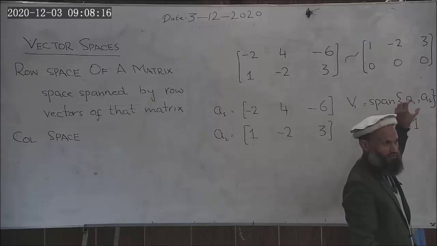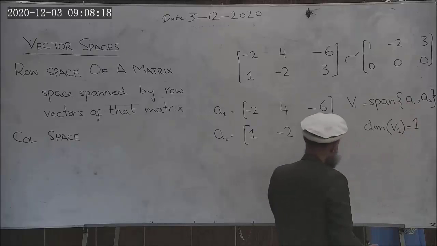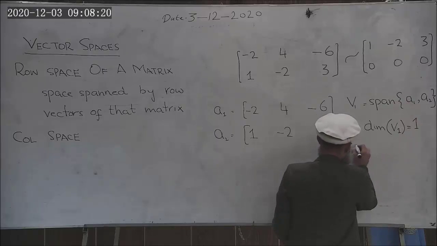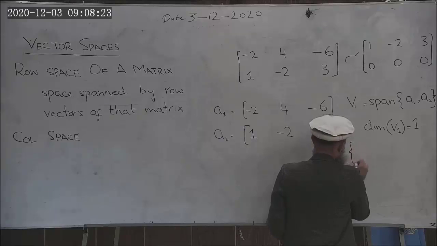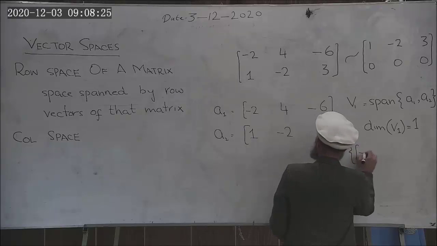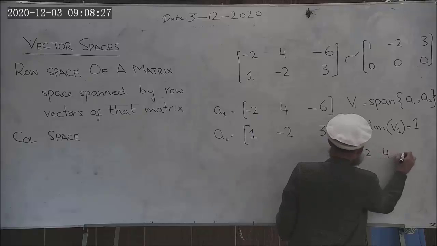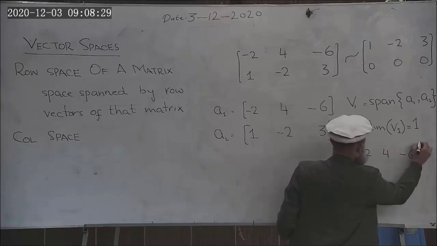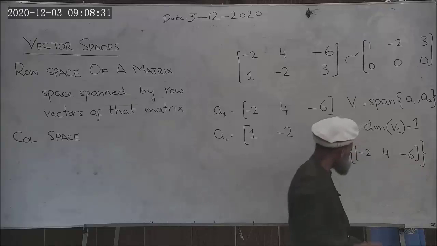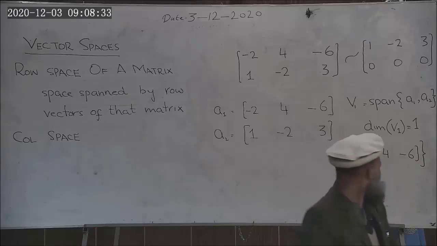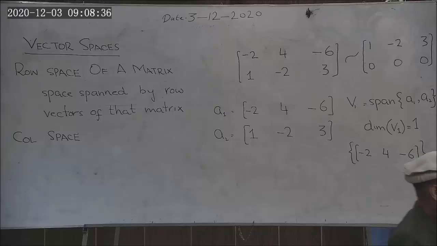There is only one linearly independent vector, and a basis for this space is -2, 4, -6. This is a basis for the row space.